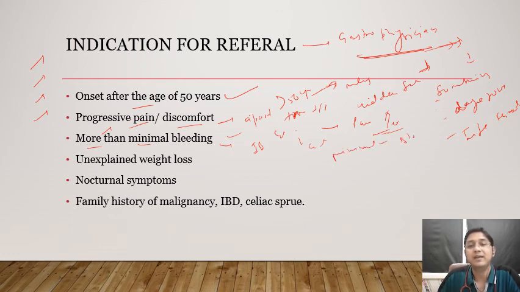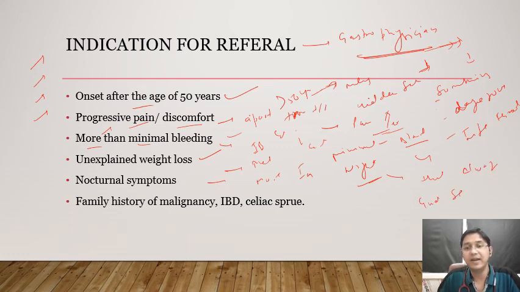That is a red flag sign, and you need to refer the patient immediately. If there is unexplained weight loss, that favors malignancy. If the symptoms are more at night, that always requires a good screening and workup, which will be done only by a gastro physician. So you will refer the patient.